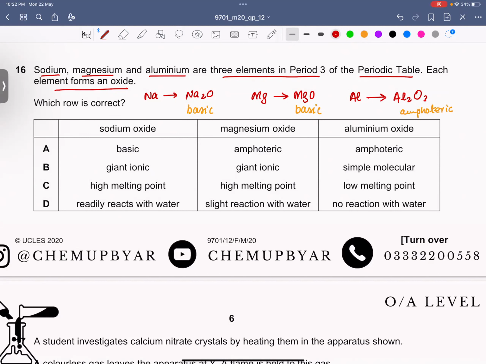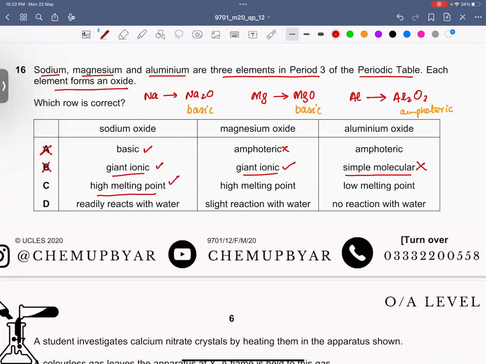So sodium oxide is basic, magnesium oxide is basic, so A goes wrong. And B, it's because it's also ionic, so the option is wrong.